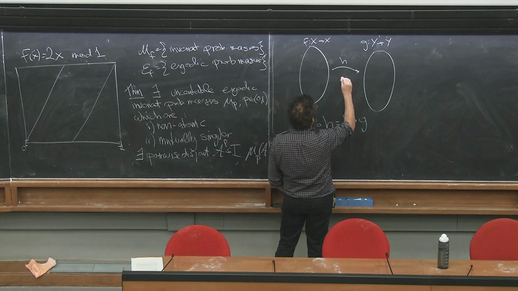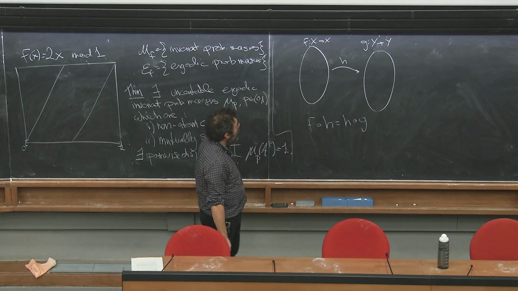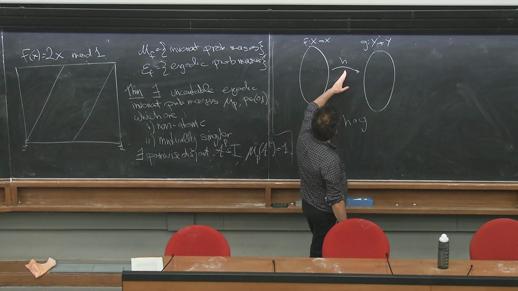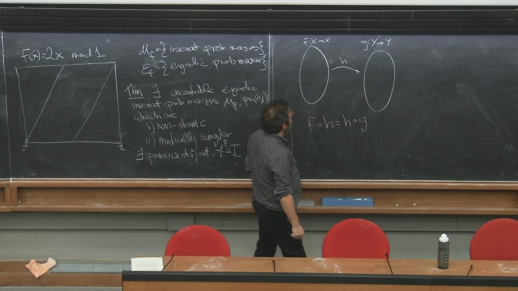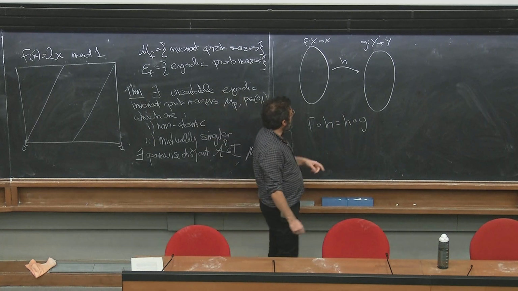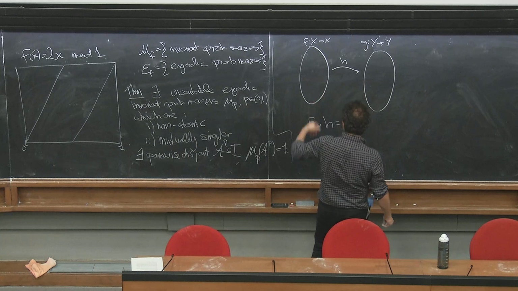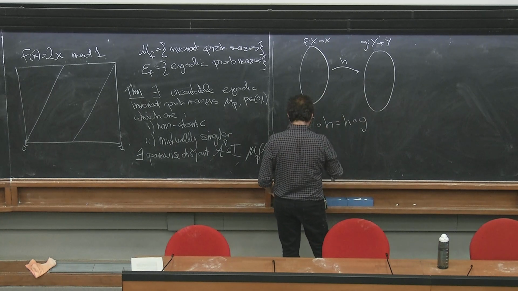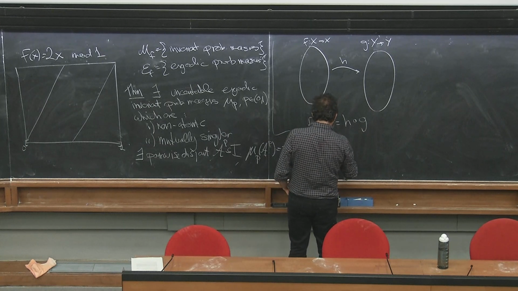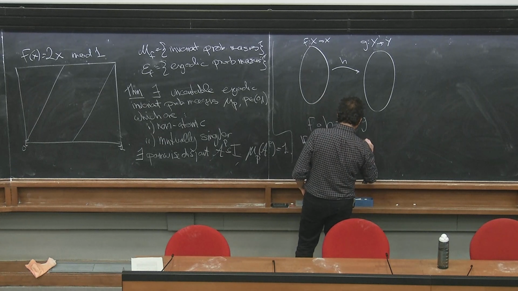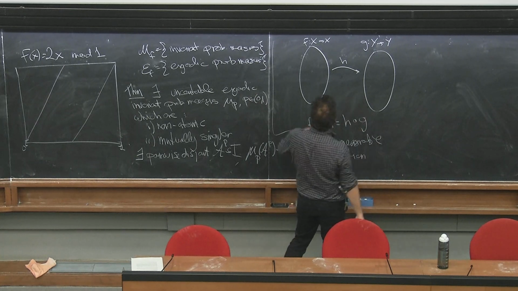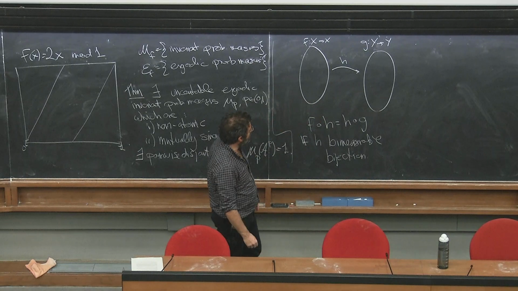H is a bijection, and it's a topological conjugacy if H is a homeomorphism. Now, if H is a topological conjugacy, then in particular it's also a measurable conjugacy. If H is a bimeasurable bijection, this means that it takes the sigma algebra here to the sigma algebra there, and vice versa, right?